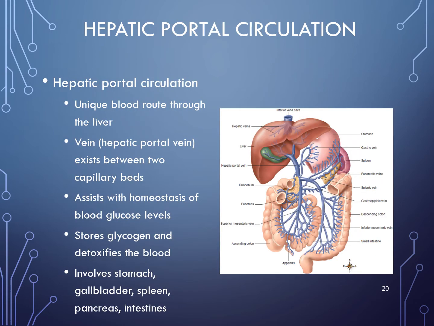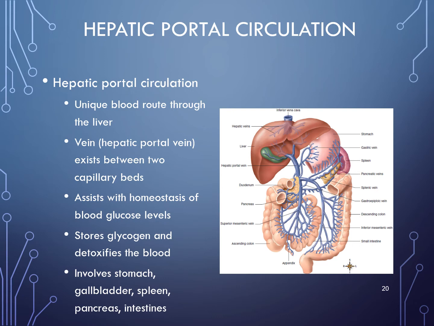Hepatic portal circulation is integral in helping the body maintain homeostasis. So when we're talking about hepatic portal circulation, this is a second filtering process that some of our blood goes through.